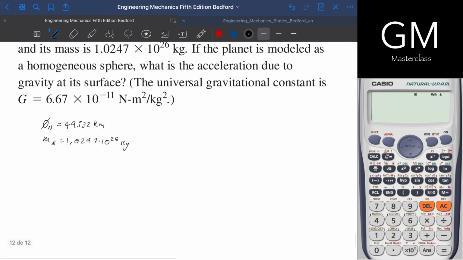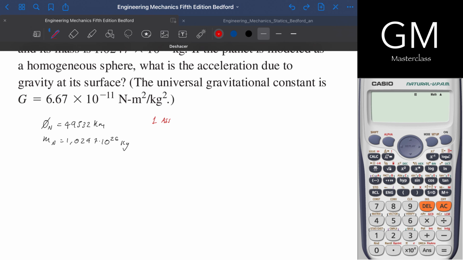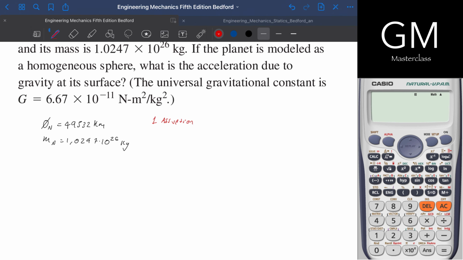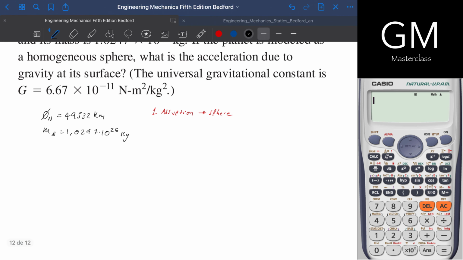If the planet is modeled as a homogeneous sphere, so here I have my first assumption, a sphere. What is the acceleration due to gravity at its surface? So they are asking me for g, and they are telling me that the universal gravitational constant is equal to G, which is equal to 6.67 times 10 to the minus 11 Newton square meter per square kilogram.